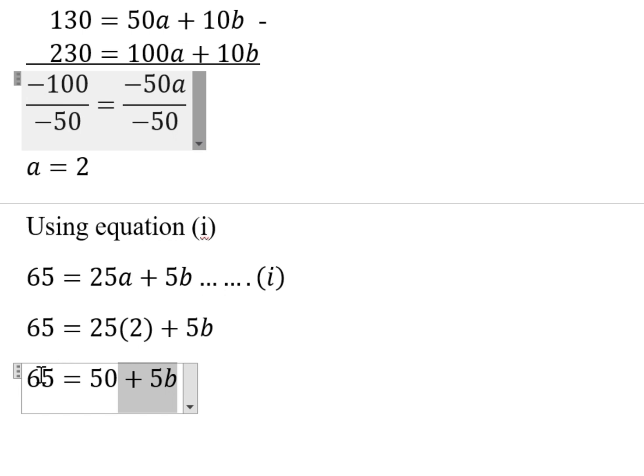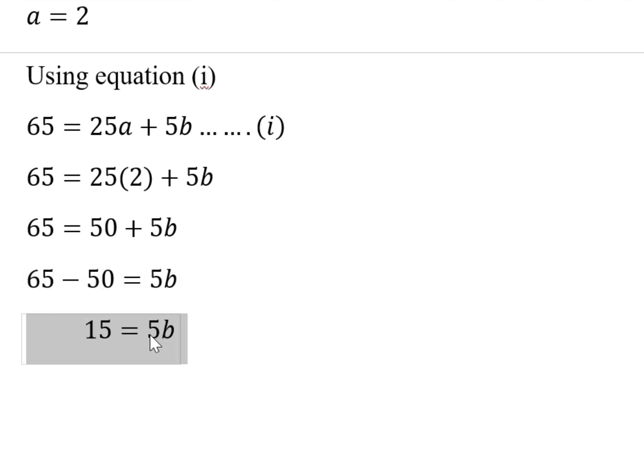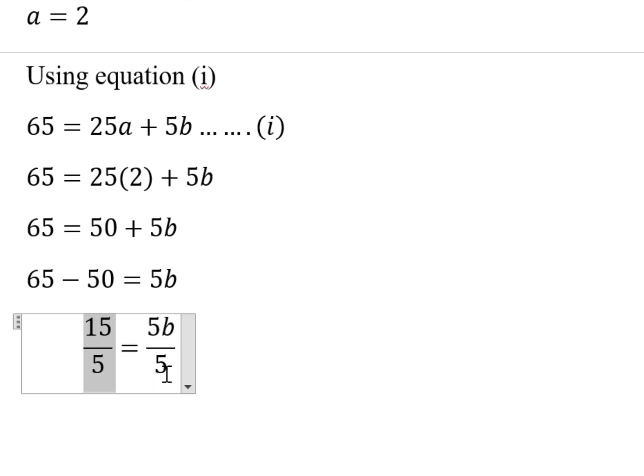Take 50 across equal signs, we shall have 65 minus 50 being equal to 5b. We want b, so we can first of all simplify this. This one gives us 15 being equal to 5b, and then divide both sides by 5 because we want to remain with b. When you do that, of course, 5 and 5 cancel. 5 cancels here 3, so our b is equal to 3.